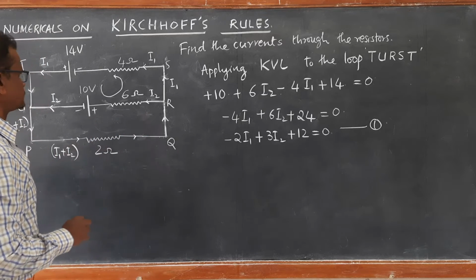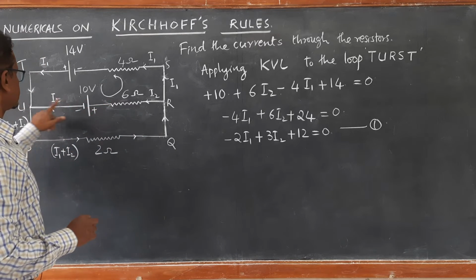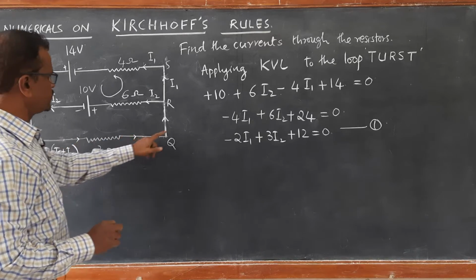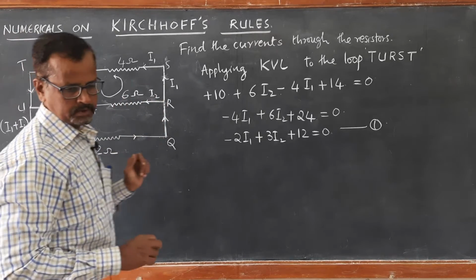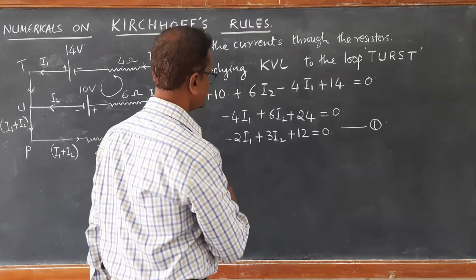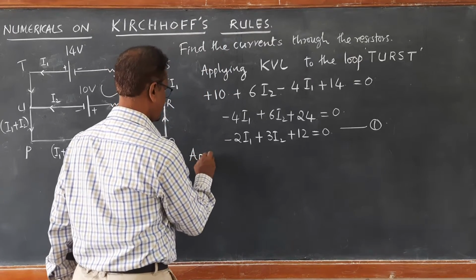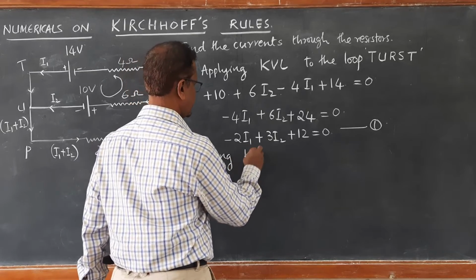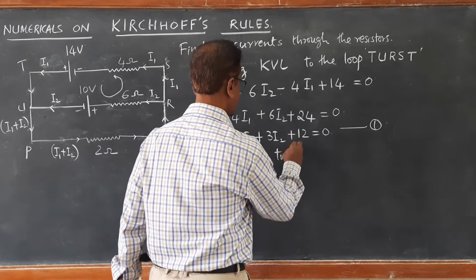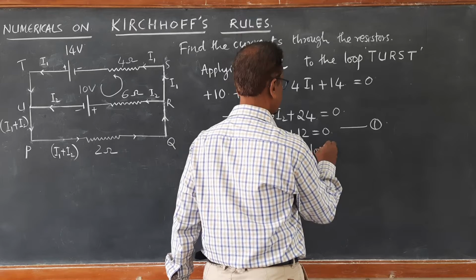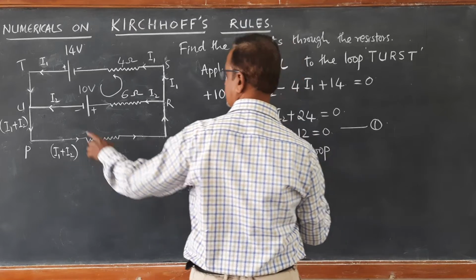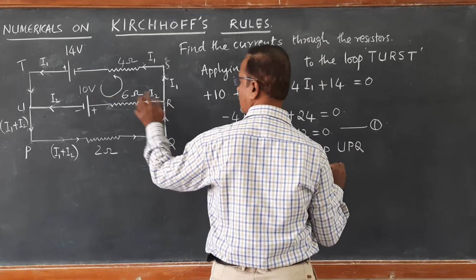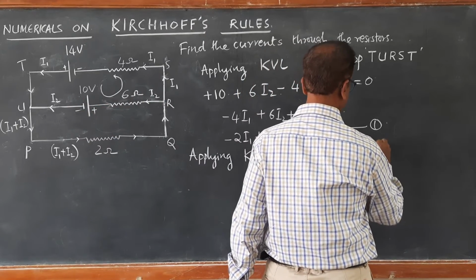Now similarly, apply the same KVL to the second loop, the lower loop UPQRU.